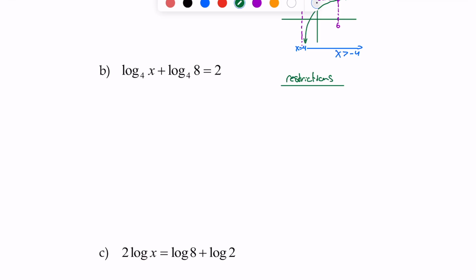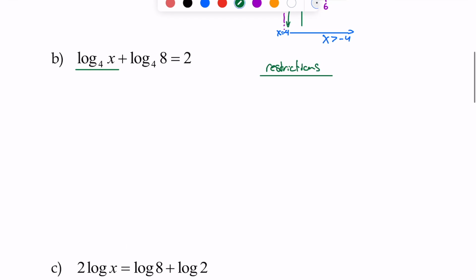My variable is x, so I only have this term right here that I need to state a restriction for. I look on the inside of that logarithm, which is simply x, and that just needs to be bigger than 0. In this case, we don't really have any rearranging. That's our constraint: x needs to be bigger than 0.